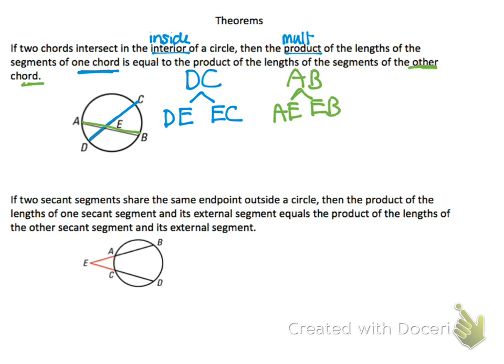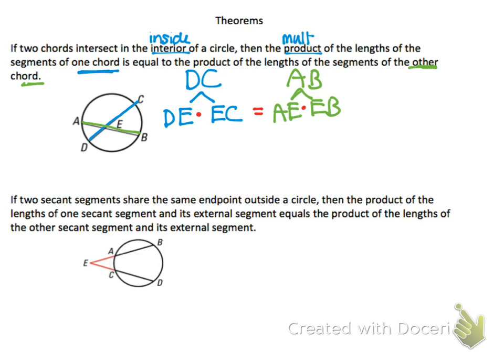Okay, so now let's go back and look at my definitions again. The product of the lengths of the segments of one chord, product means I'm going to multiply, is going to be equal to the product of the segments of the other chord. So DE times EC is going to be AE times EB.